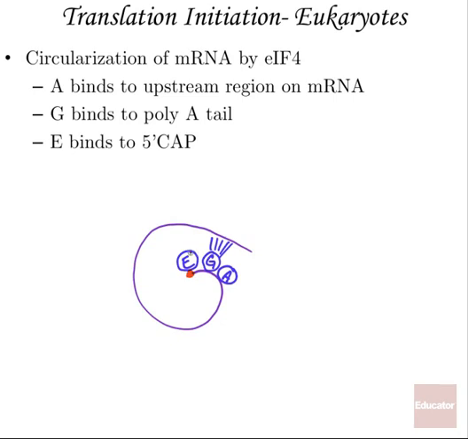Okay. Now, what this allows is for, let's say, we'll say where the start codon is. Okay, so remember, this is all upstream. So let's say the start codon is right there. Okay, so here's your start. And remember, our start codon is AUG, and AUG codes for methionine.